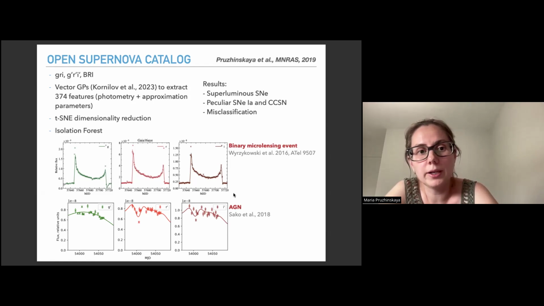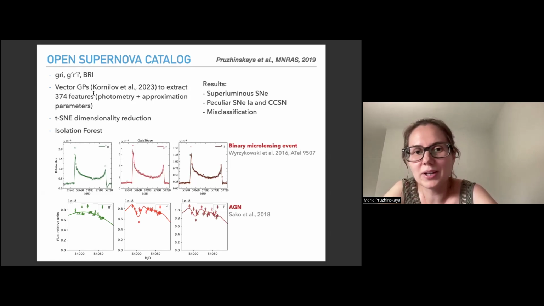It's actually probably one of the most important outcomes of this work, the development of this vector Gaussian process, because if you ever try to approximate any transient, any light curves, not of very good quality, you know that it's a tricky task.